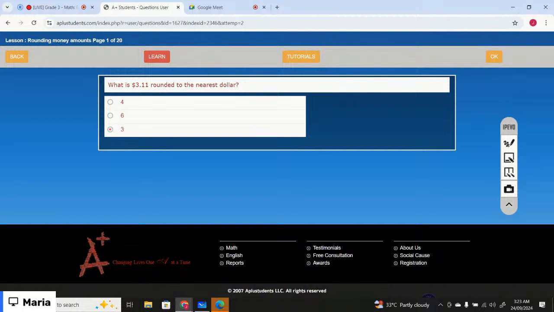Very good. 3 is the correct option. 3.11 is rounded off to 3. So the correct option is 3.